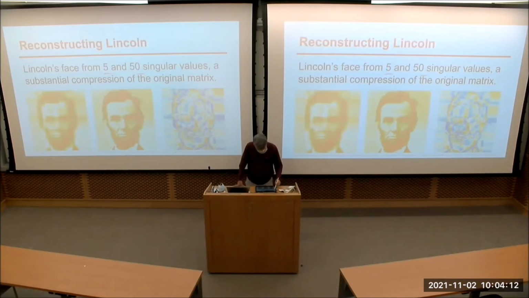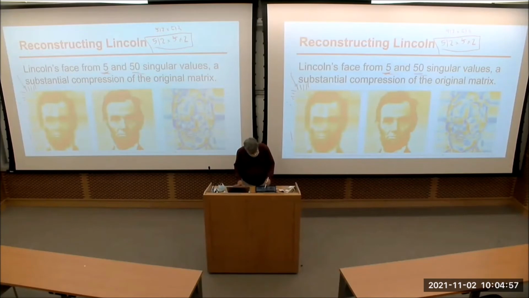As you can see, after only 5, by reducing Lincoln from a 512 by 512 image, here I am representing Lincoln as a 512 by only 5 values, times the other 5 vectors. So it would be this much data. This is what I got for Lincoln. And you can already see the big structure of him, even though you've reduced the amount of data in here by a factor of 50 or so.